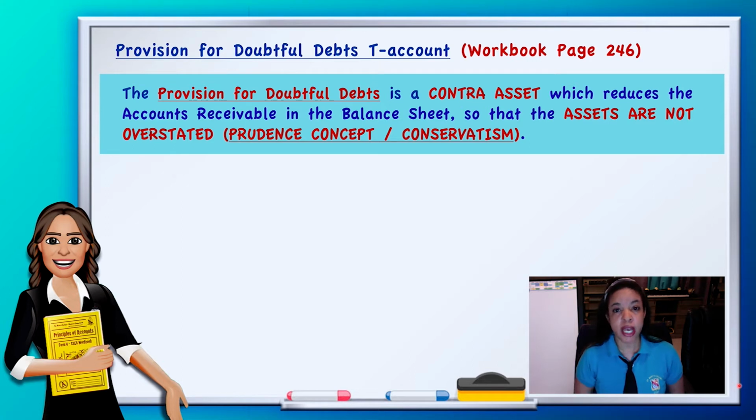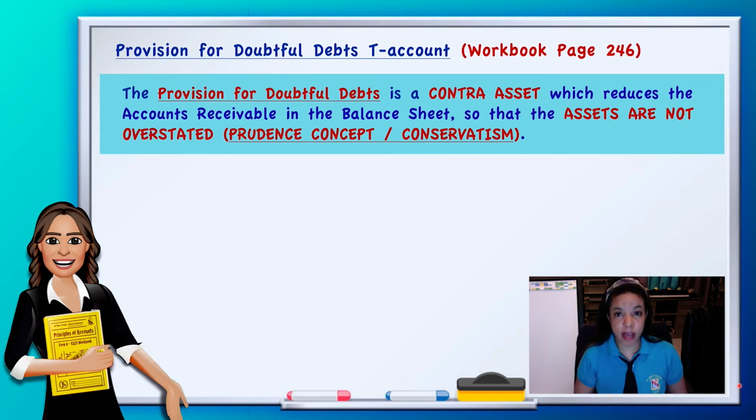We had already emphasized that profits are not to be overstated, and that is why we have to write off our bad debts, and we also have to put any provision for bad debts, increases and decreases, into the income statement. We emphasize that so that it can be matched, and so that profits are not overstated.